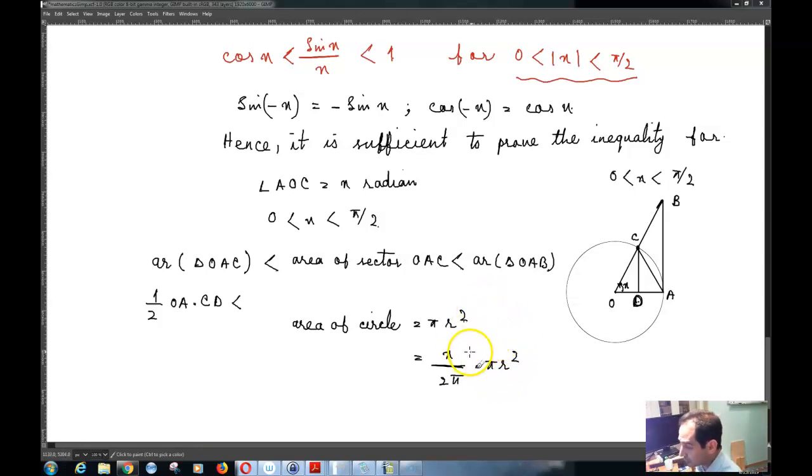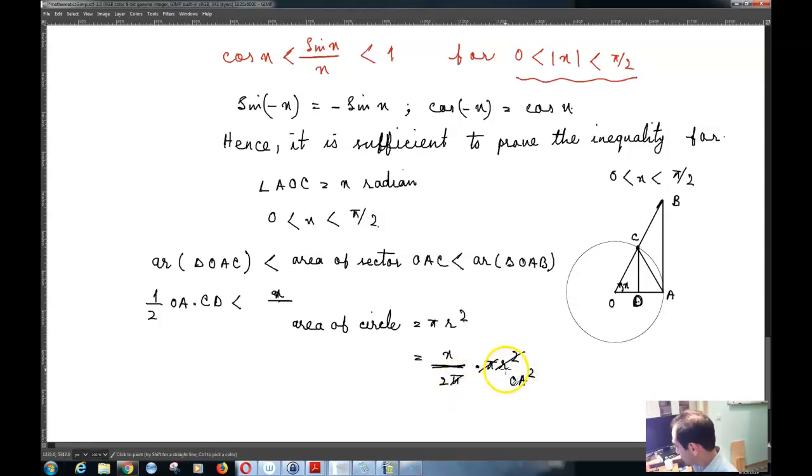So now what that means is that the area of this sector OAC is x divided by 2 pi times pi r squared. And pi you can cancel out. You will get x divided by 2 times r squared. Let me simplify this a little bit. r squared is OA squared, so instead of r squared, I can write OA squared.